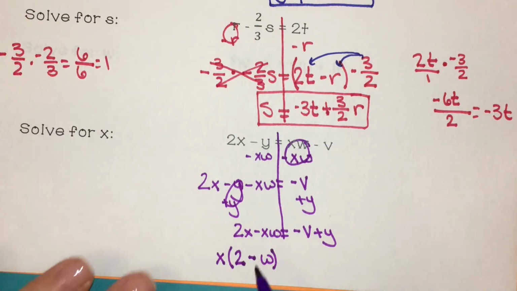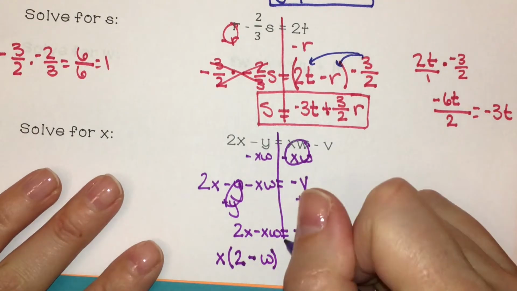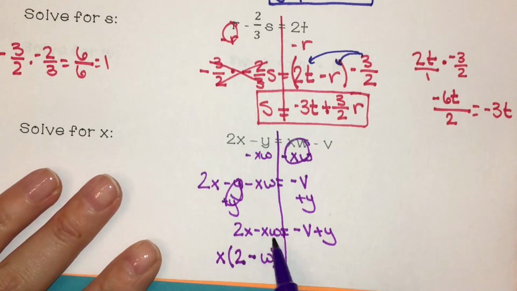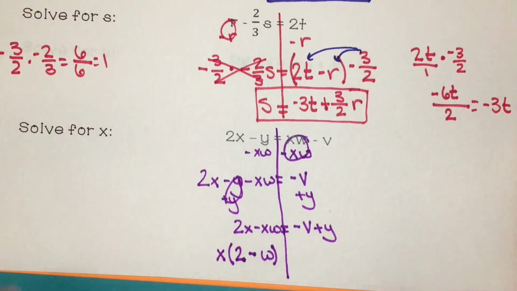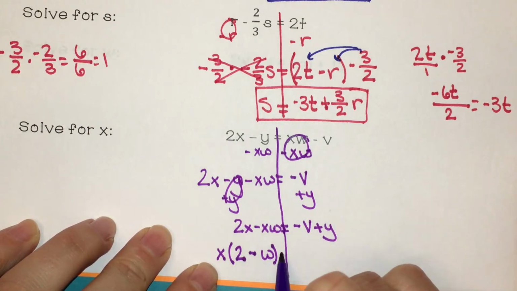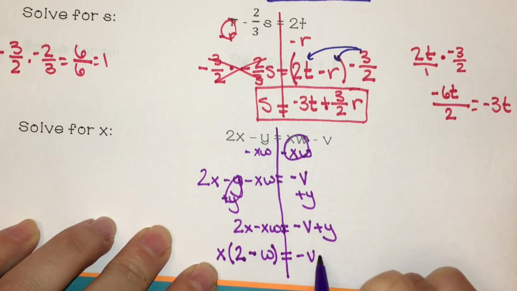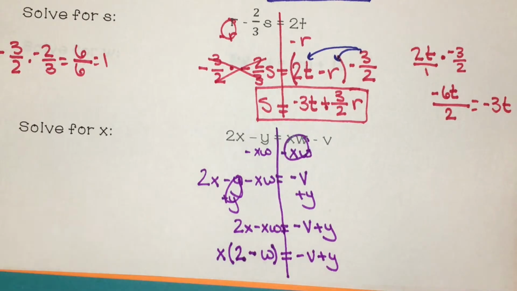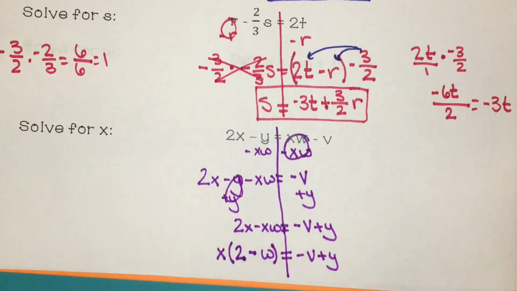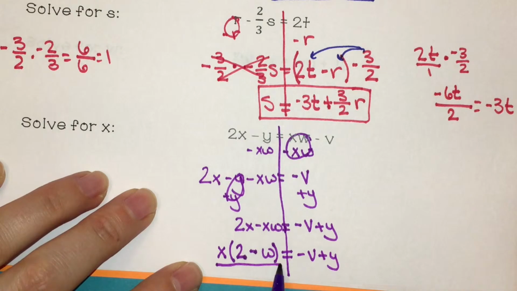Okay. So I can always recheck myself. If I redistribute, x times 2 is 2x minus x times w is xw. I should be able to redistribute and get this back to the same answer. So that's just factoring out my x equals negative v plus y. All right, because x is being multiplied by this whole parenthesis, 2 minus w, the opposite would be to divide by 2 minus w.